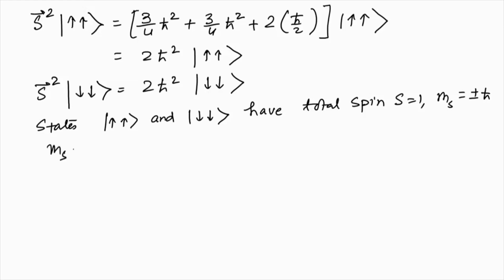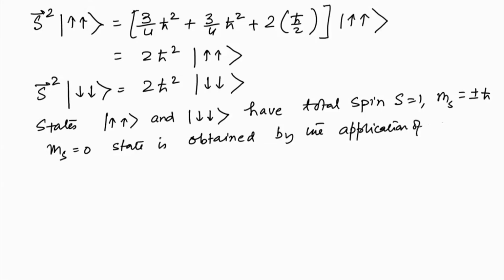The ms equal to 0 state is obtained by a particular operation, by the application of S minus on the up state. Let us see how one gets it, or you can also consider S plus on the down states.